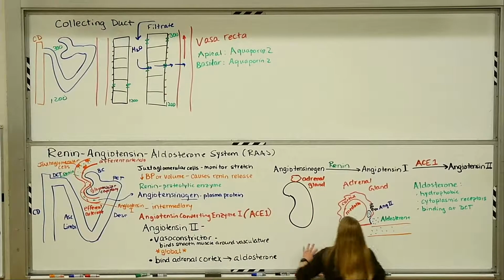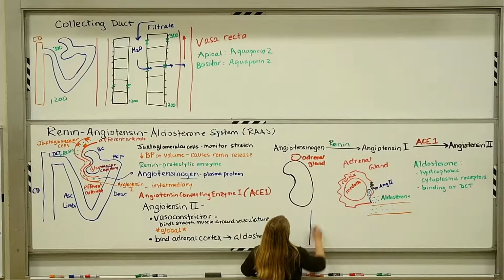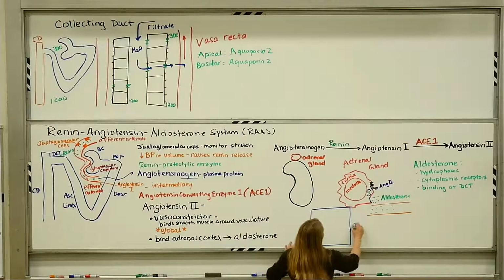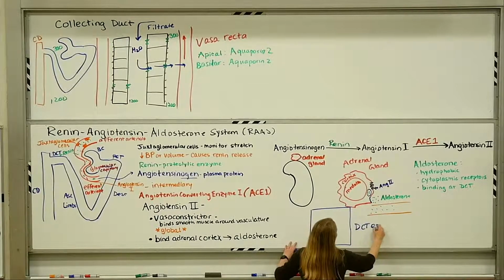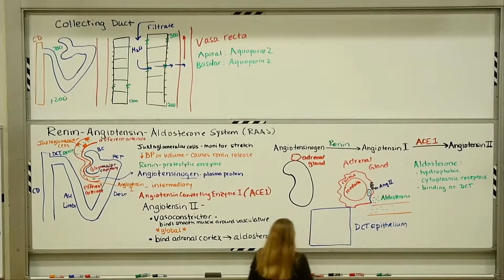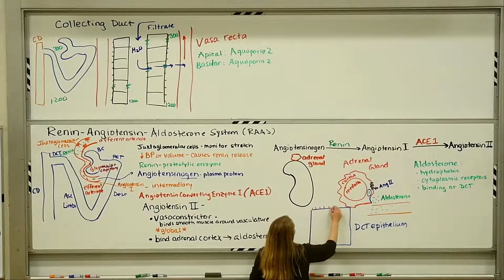So let's draw our DCT again. That's a DCT epithelium. And we'll say this is the basilar side.